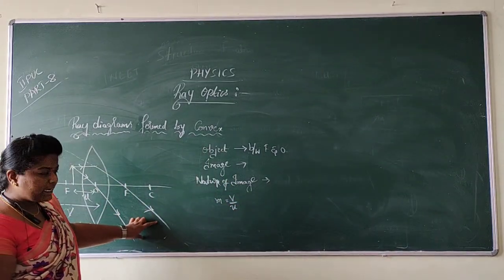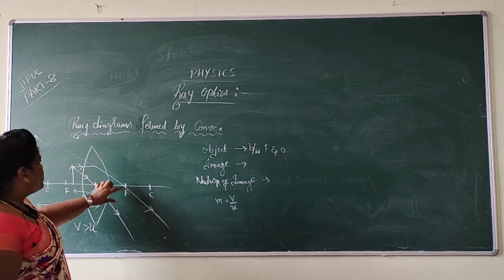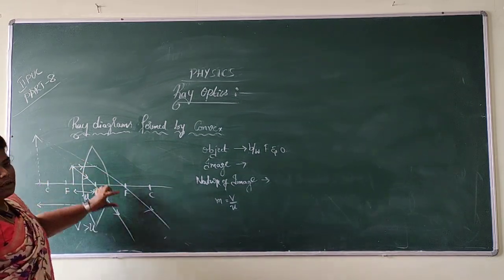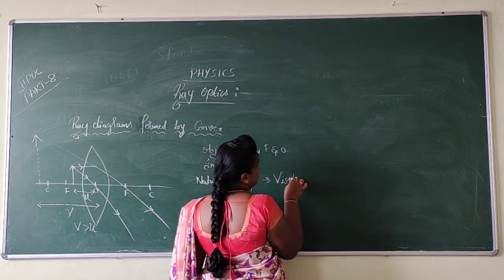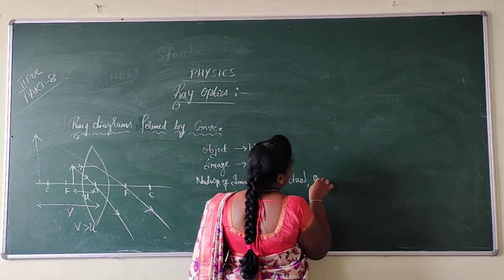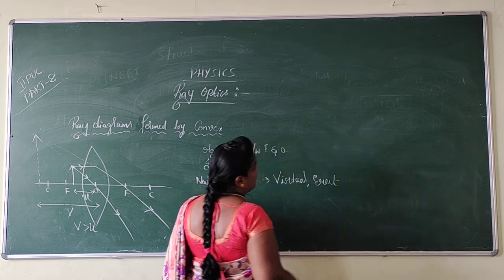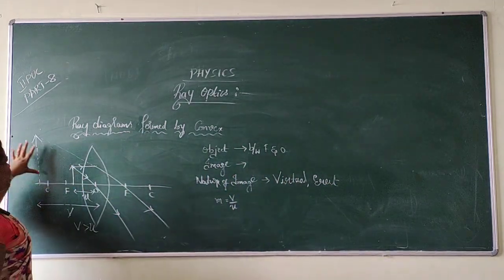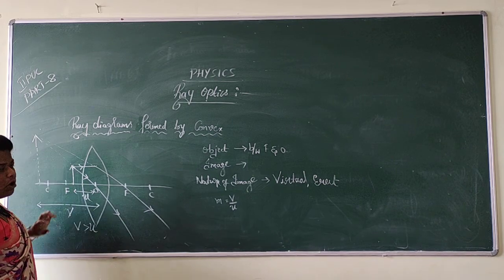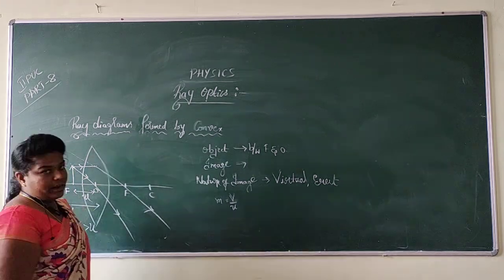We just assume that they are coming from a point, so they are not exactly meeting at a point. That is called virtual. If we have a virtual image, we will have an erect image. Yes, it's right. So the image is also erect like the object, but the size is enlarged.